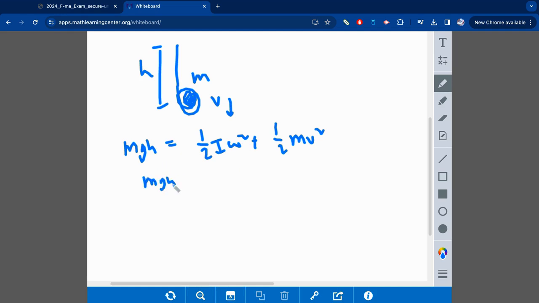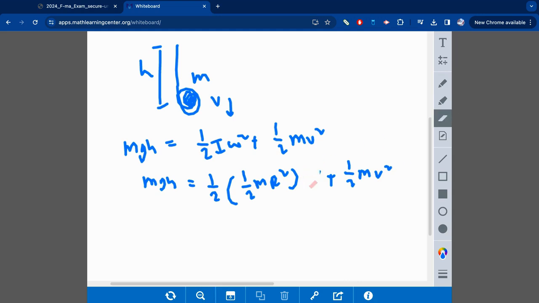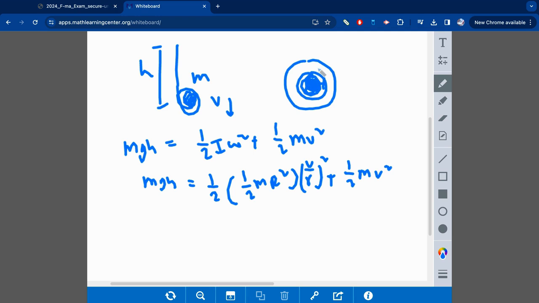So I is going to be 1/2 mr squared, because it's a disk, and w is going to be v over small r, where small r is just the radius of the string on the disk at a certain time.